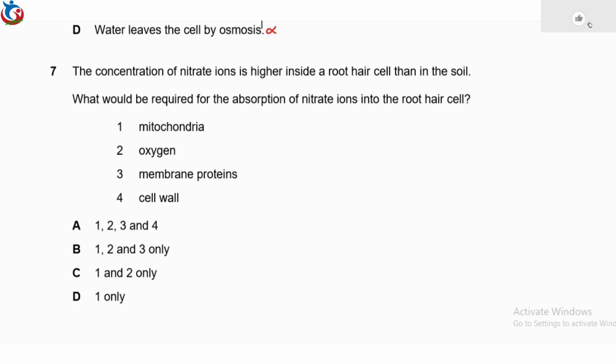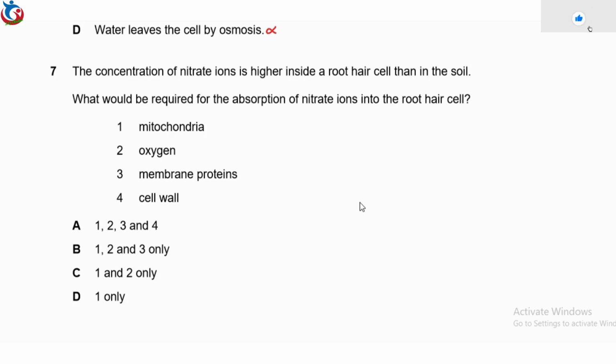Question 7 says, the concentration of nitrate ions is higher inside the root hair cell than in the soil. What would be required for the absorption of nitrate ions in the root hair cell? We have mitochondria, oxygen, membrane proteins, and cell wall.